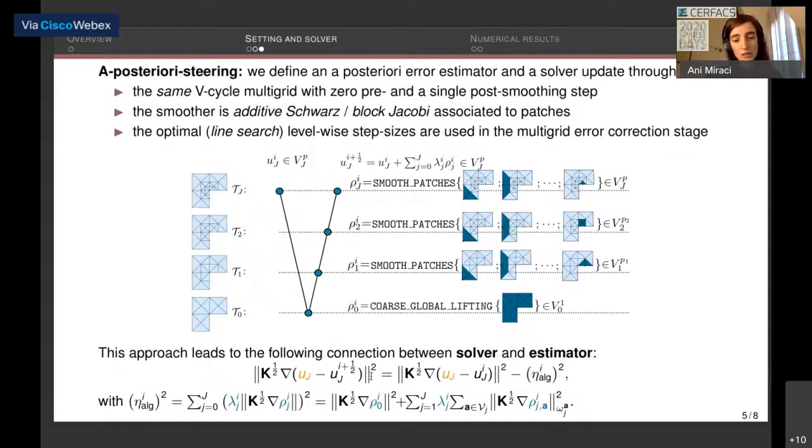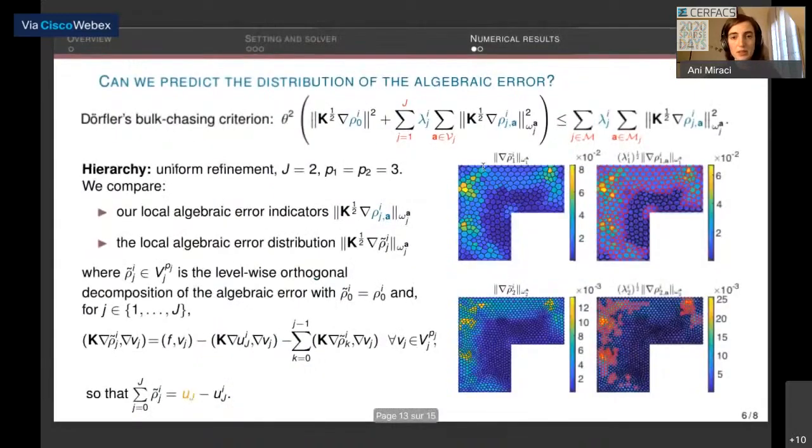These are important because they give us a connection between the solver and estimator, which is given here, and eta alg is our estimator, which is localized not only level-wise, but also patch-wise. And it is precisely this localization that, together with a Dörfler type criterion, will allow us to mark the problematic levels and patches in which the estimated error is bigger.